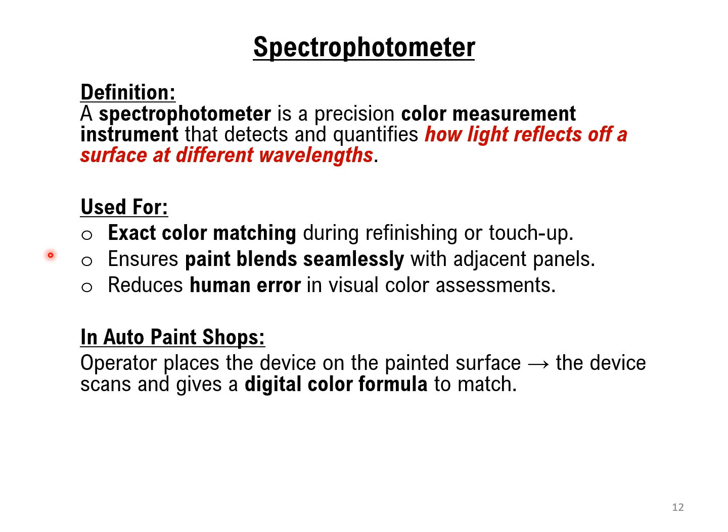It reduces human error in visual color assessments. It is used in auto paint shops. That is, the operator places the device on the painted surface, and the device scans and gives a digital color formula to match.